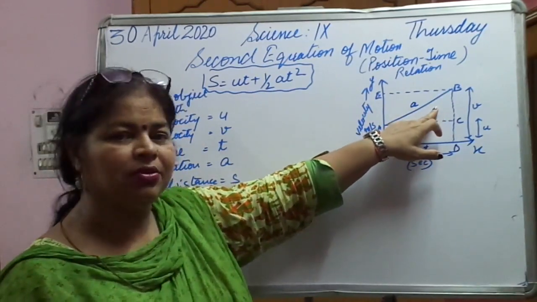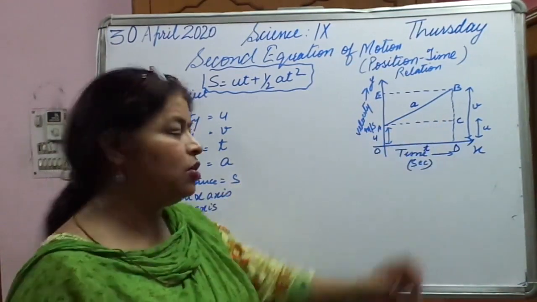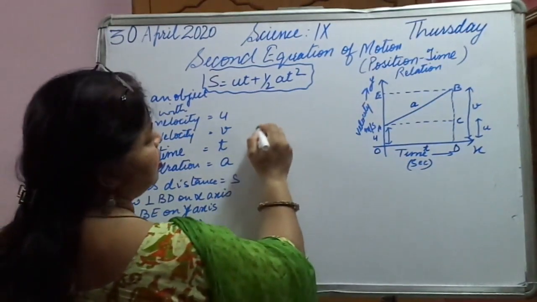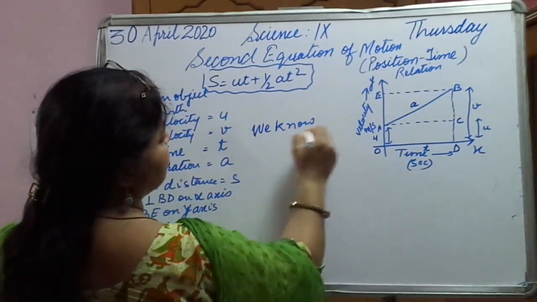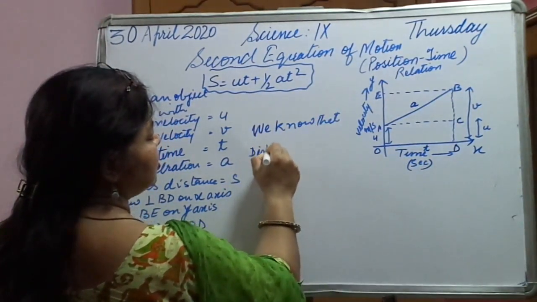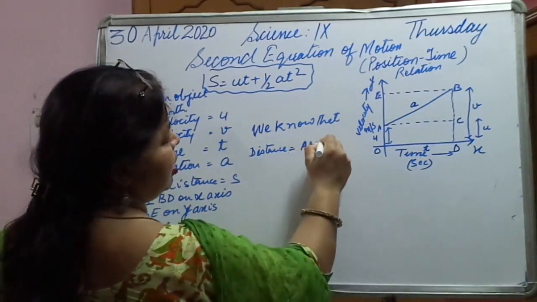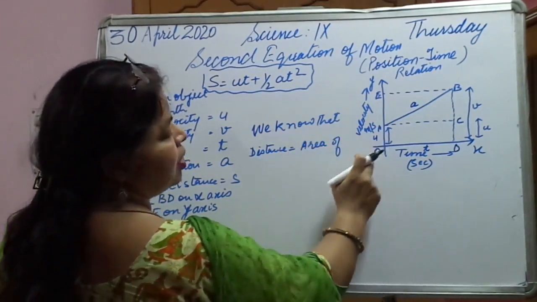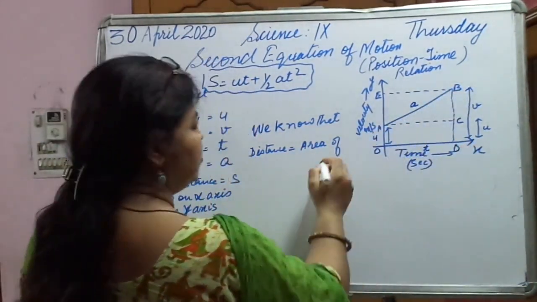This is a triangle, and this is a rectangle. So let us write here. We know that distance is equal to the area of, if I take it as a complete figure, OABD.